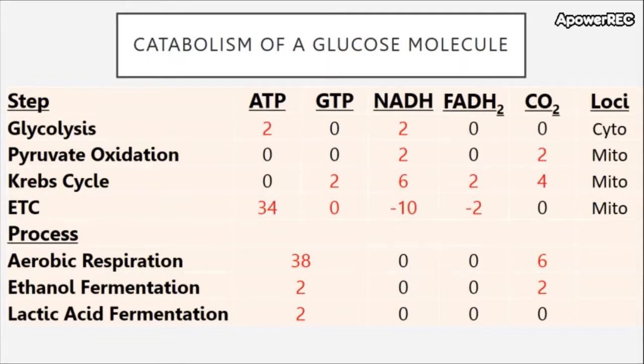In ethanol fermentation, since we only get glycolysis, we only get 2 sum total of ATP, and we produce 2 CO2 and our 2 ethanol. In lactic acid fermentation, we get our 2 ATP from glycolysis and no production of CO2 because all of it is converted into lactic acid, a 3-carbon molecule, 2 3-carbon molecules.